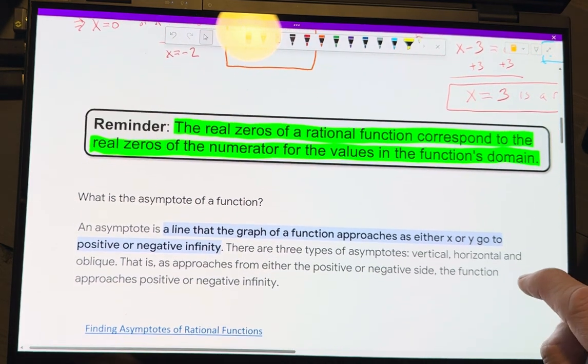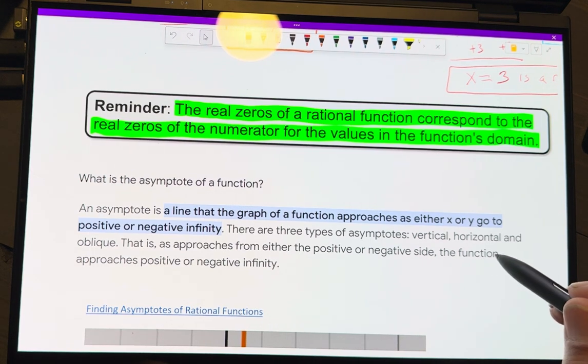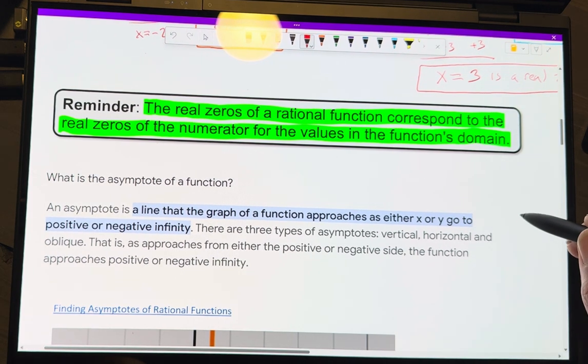So I thought we should start with what is an asymptote of a function. So an asymptote is a line that the graph of a function approaches as either x or y go to positive or negative infinity. There are three types of asymptote. A vertical asymptote, as you know, is going to go up and down.